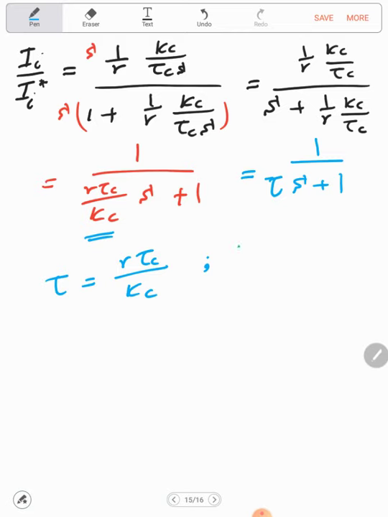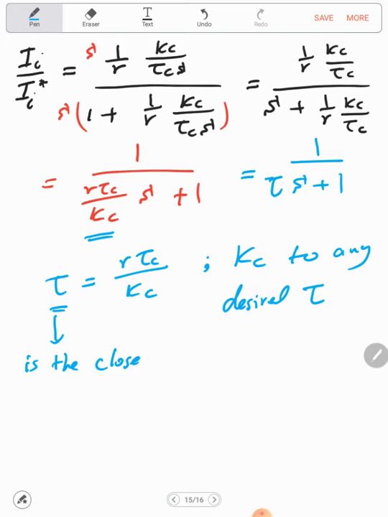And now we can design KC to achieve any desired time constant tau, where here tau is the closed loop time constant.